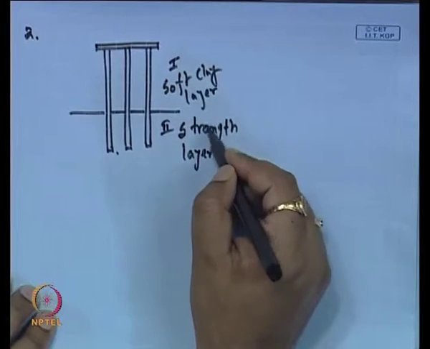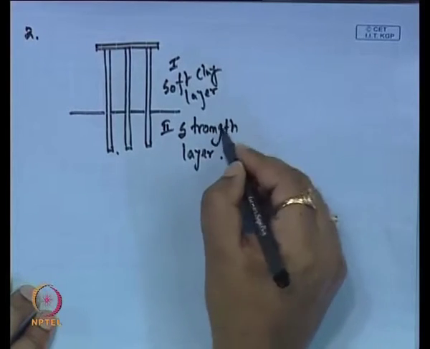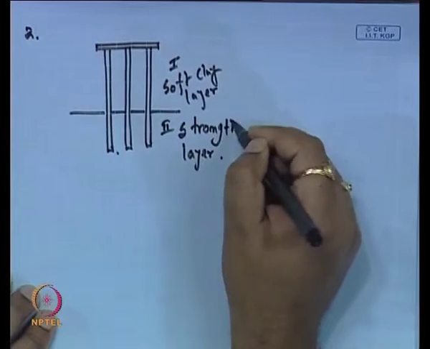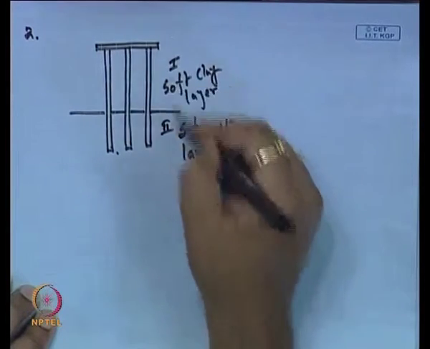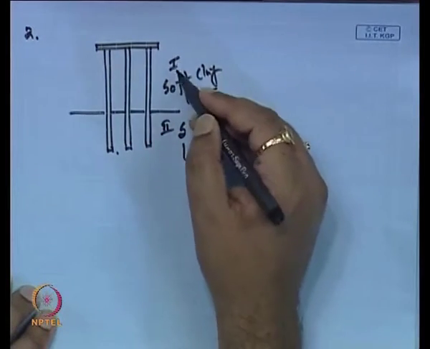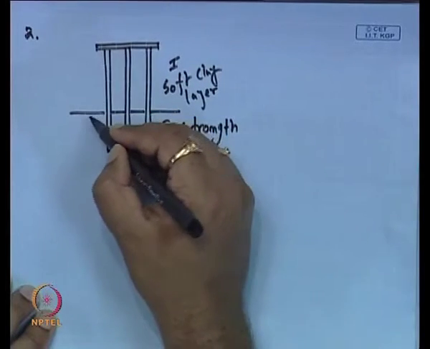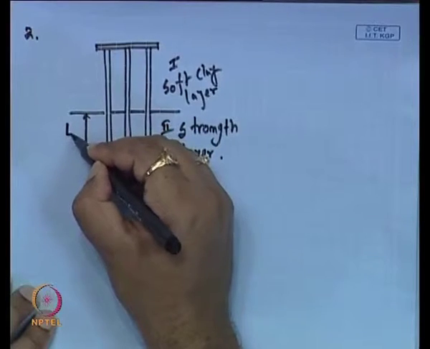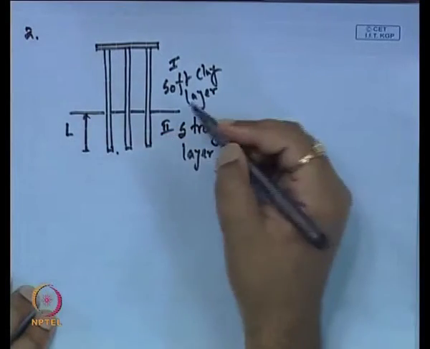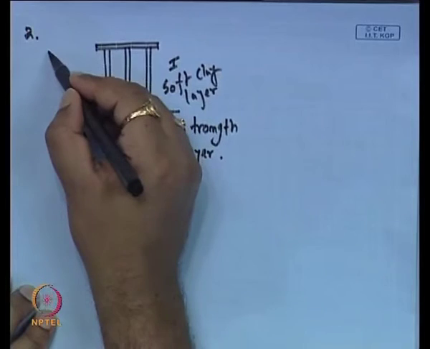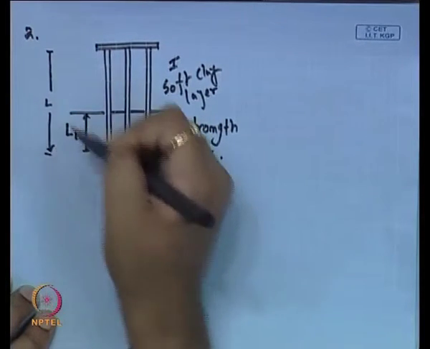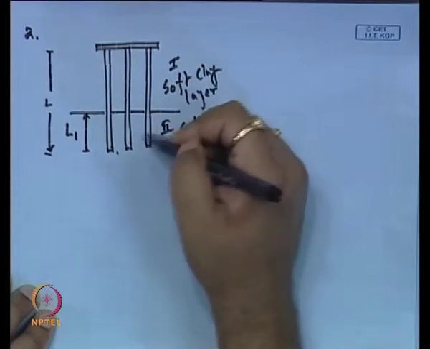So, the strong layer or the higher strength layer, and the soft layer, these are the two different layers, layer 1 and layer 2. Now, in the strong layer or the bearing layer, suppose the pile length is L1, and the total length is say L. From that, L1 is within that strong layer or layer 2.